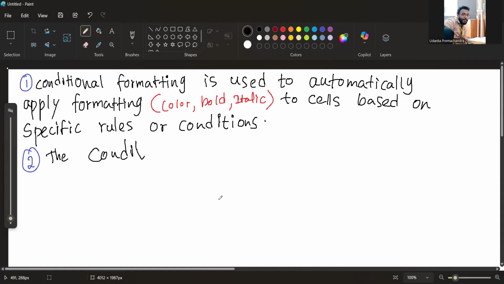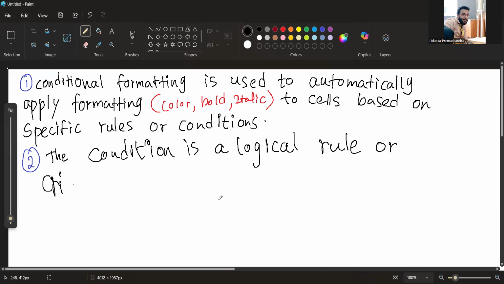You can take it as a logical rule, a logical rule or criterion. It determines what formatting can be applied on the text, something like that.